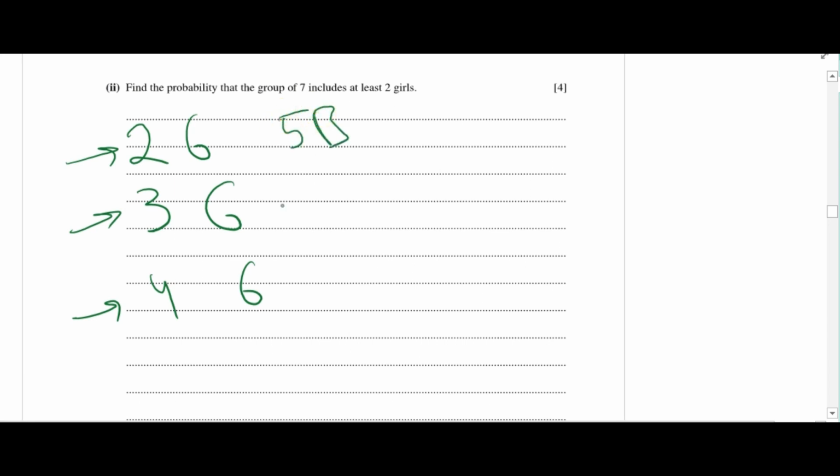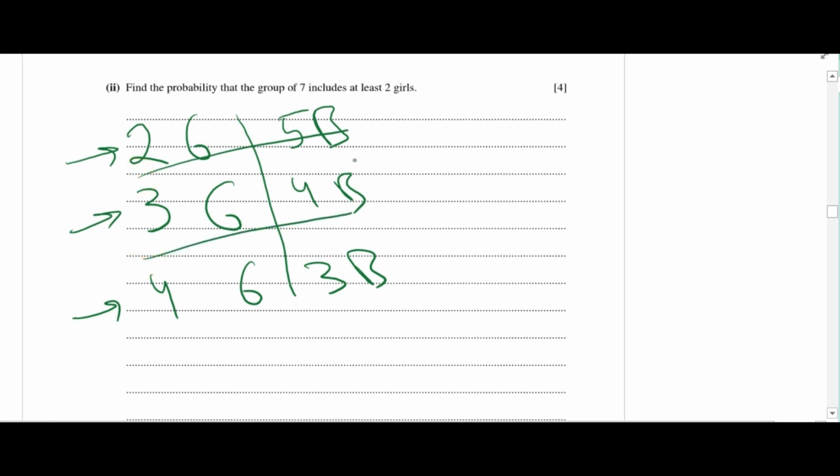Okay, in this question, we have to find the probability of getting at least 2 girls. At least 2 girls means that we can have 2 girls, or 3 girls, or 4 girls, because we don't have a maximum limitation, but there should be at least 2.